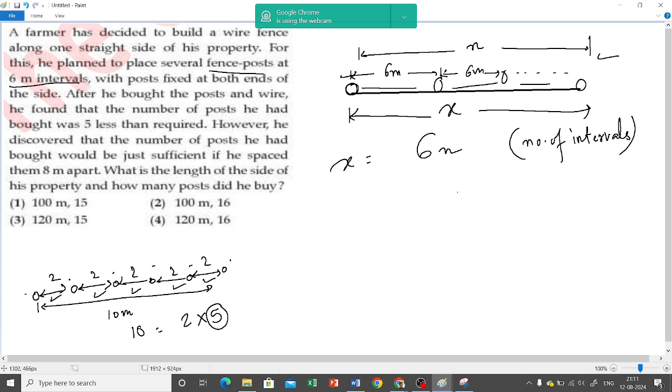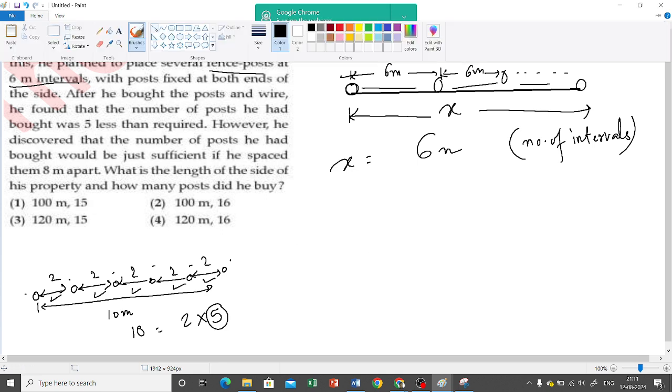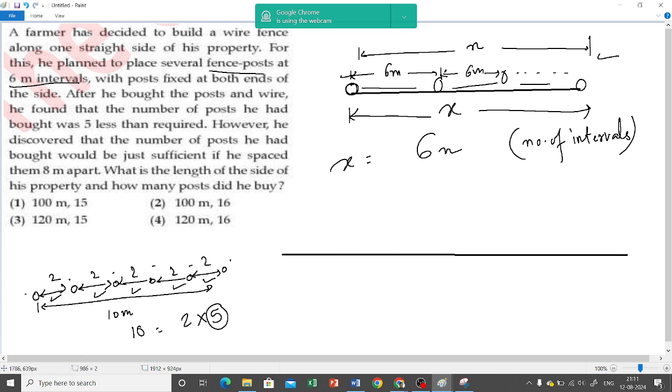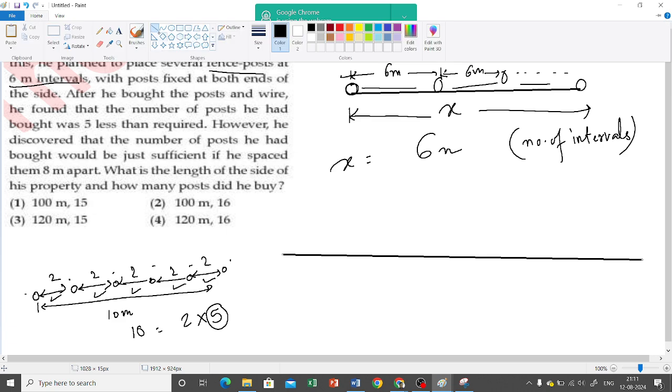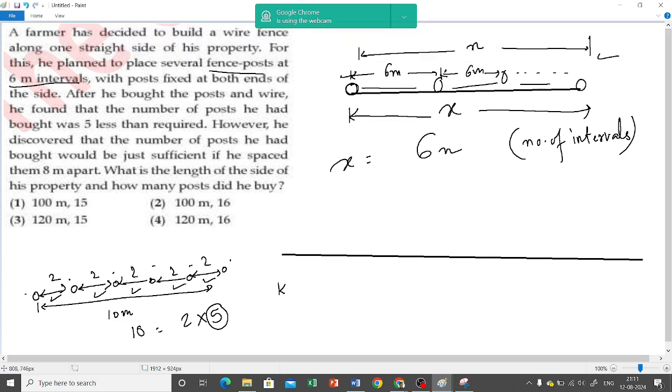Okay. First of all, understand this case. Say for example, it is given that there is a fence which is 10 meter long. Now it is given that a person placed posts at 2 meter intervals.